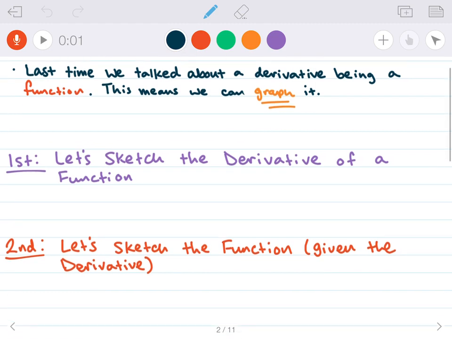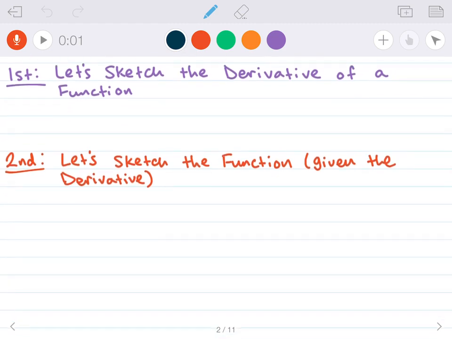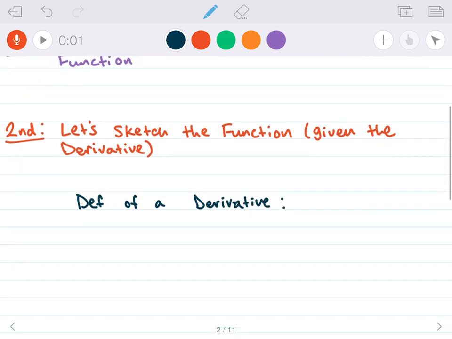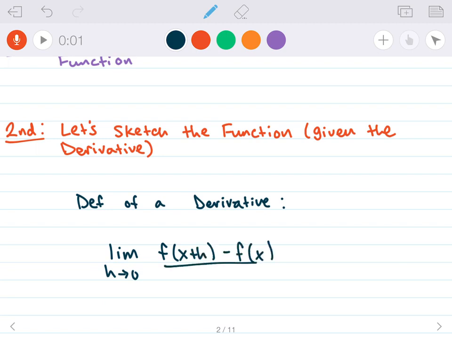So just a recap of what we looked at last time, we have this definition of a derivative. The definition tells us that the derivative is the limit as h goes to 0 of f of x plus h minus f of x, all over h.